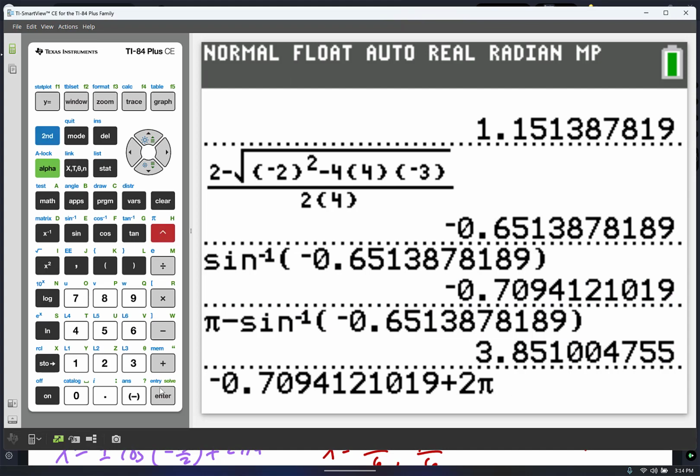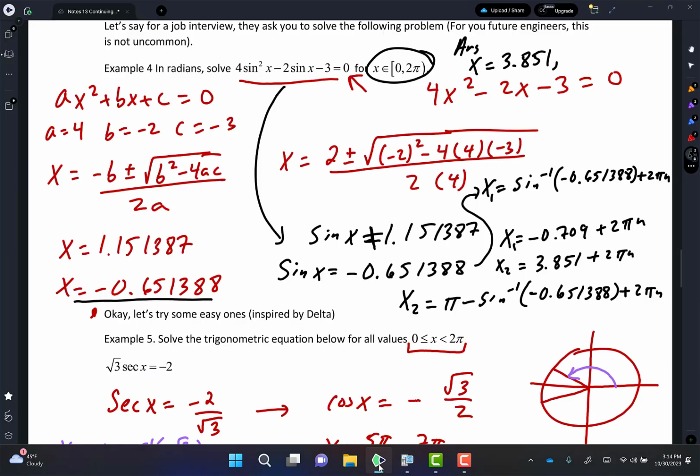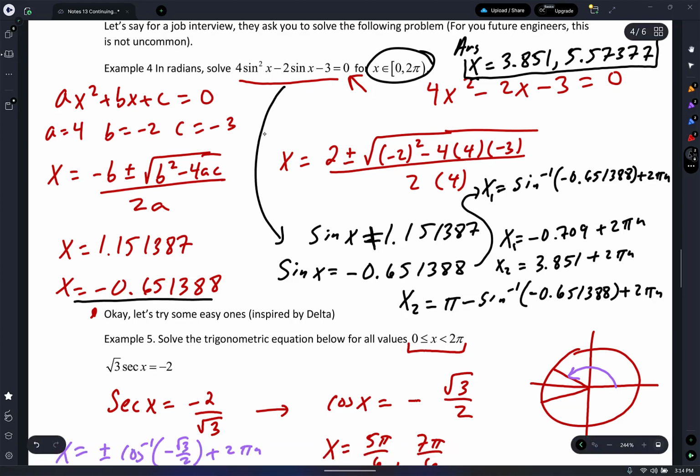Don't worry, we're almost done. And 5.57377. Done. Those are my two answers. I would verify them with a calculator to make sure those are it. So I'm going to type this into my y1 in a little bit just to make sure.